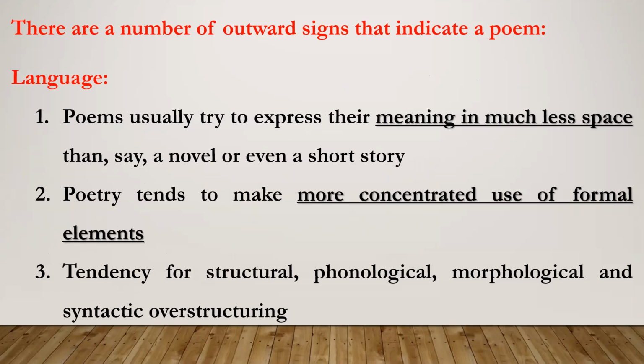It is relative, something approximate. We might find poems that are 10 to 13 or 14 lines, and we might find poems that extend to 100 lines or thousands of lines.